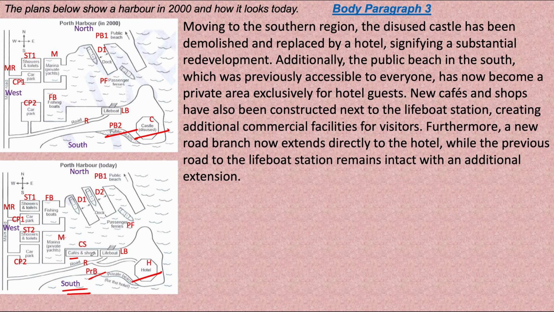New cafes and shops have also been constructed next to the lifeboat station, creating additional commercial facilities for visitors. Furthermore, a new road branch now extends directly to the hotel, while the previous road to the lifeboat station remains intact with an additional extension.